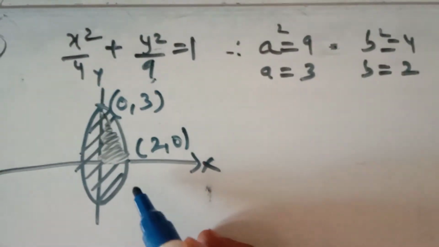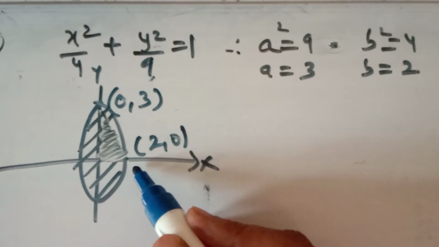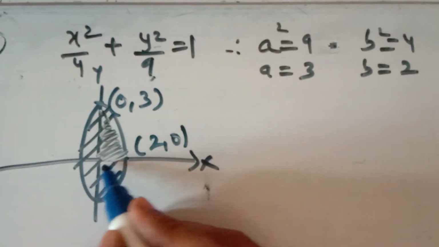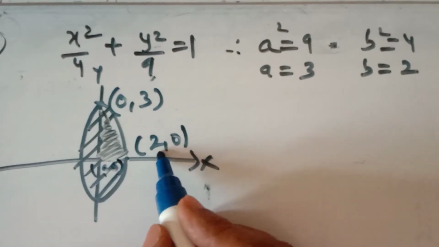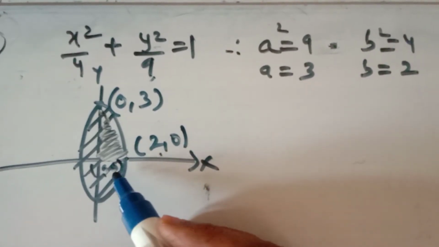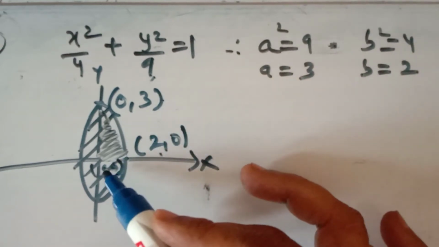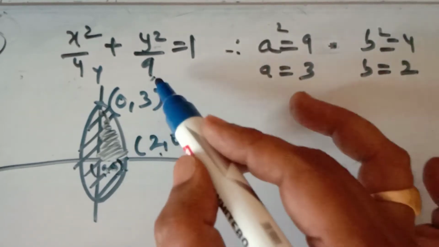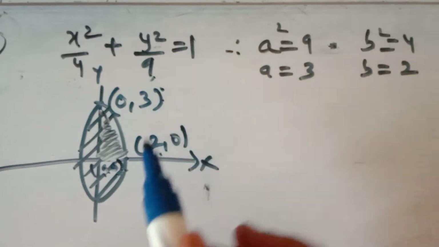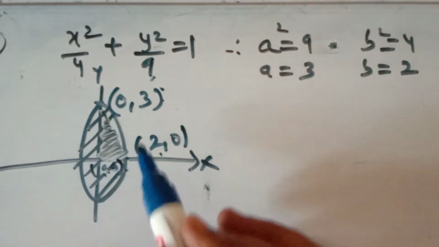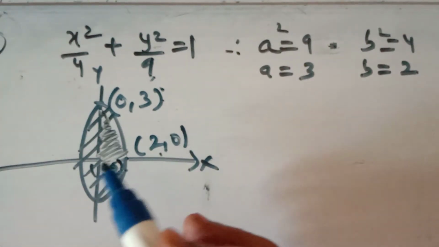Now here you can either integrate with respect to x or with respect to y. When you integrate with respect to x, the limits will be from 0 to 2, and when you integrate with respect to y, it will be from 0 to 3, because origin is 0, 0. Now why can we find it either with respect to x or with respect to y?